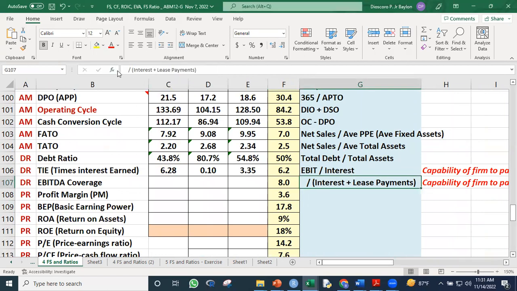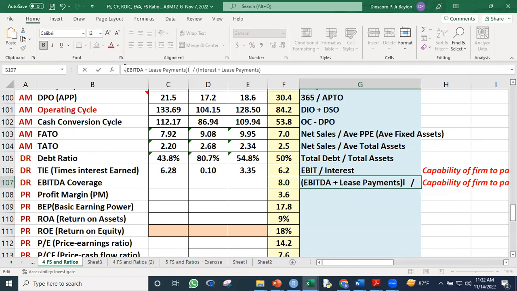Yung numerator natin, okay, ang kaibahan nito sa times interest earned is here, we're basing it on EBITDA. No? EBITDA, and then we have to add back yung lease payments. Kasi when you go to EBITDA, na-deduct na yan. No?